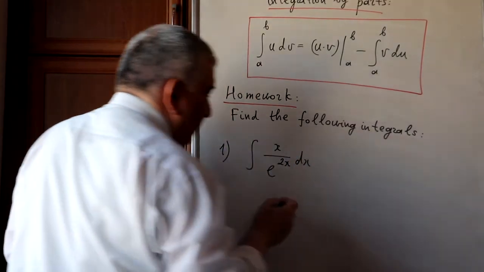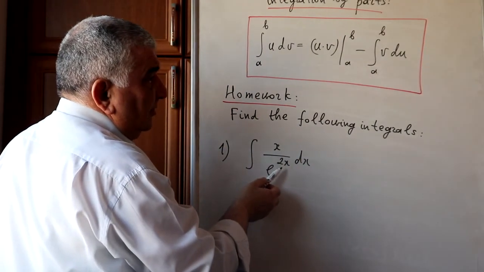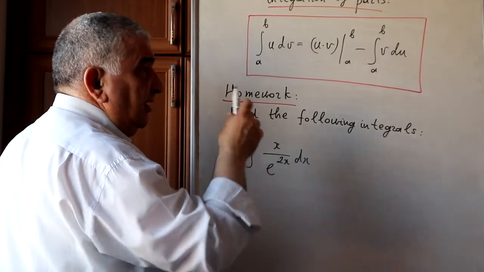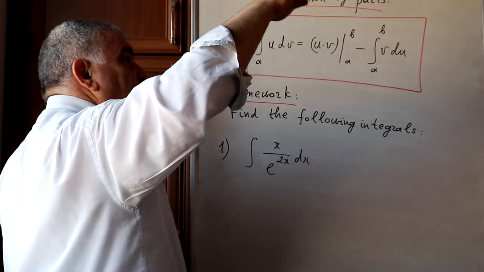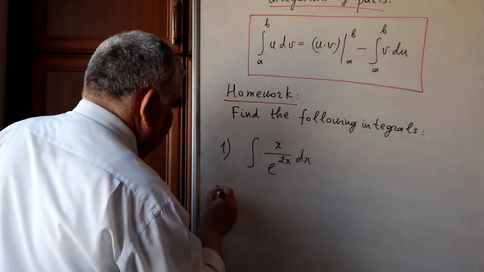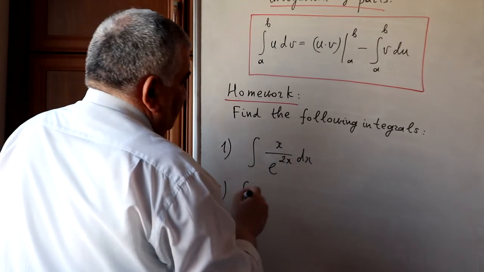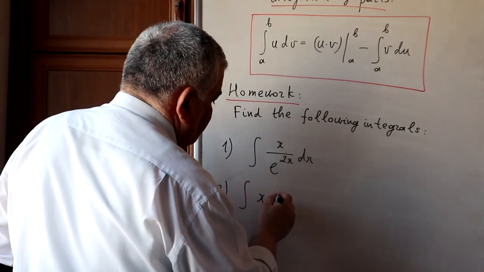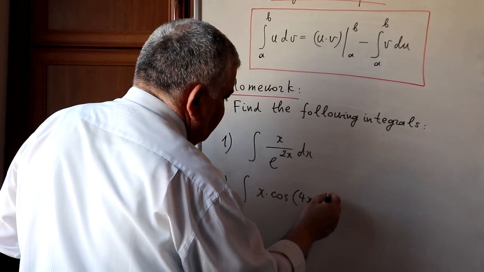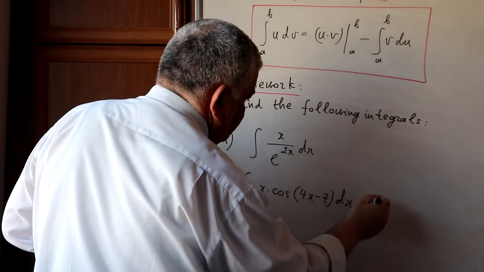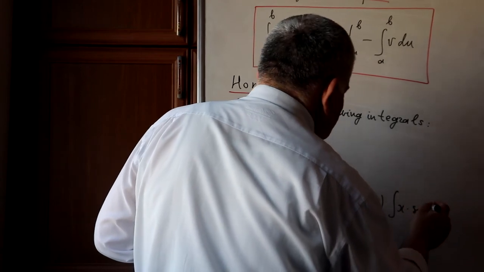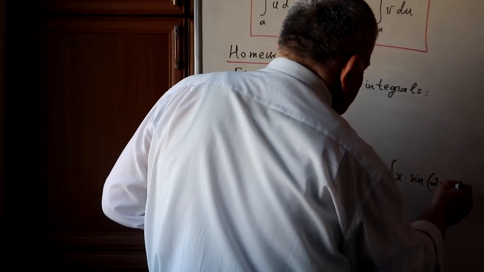Here you can transfer e to the power 2x into the numerator, and then you will obtain x multiplied by e to the power minus 2x. Second integral, x multiplied by cosine of 4x minus 7 dx, and third integral, x multiplied by sine of 2 minus 3x dx.